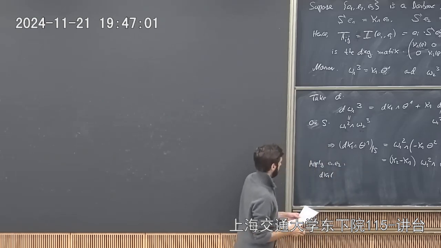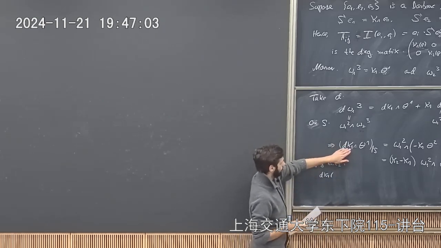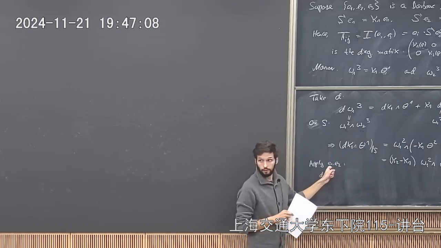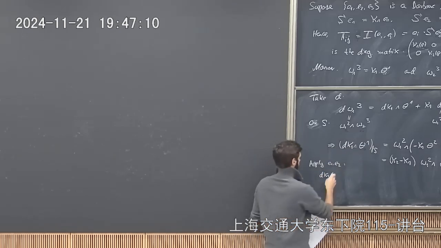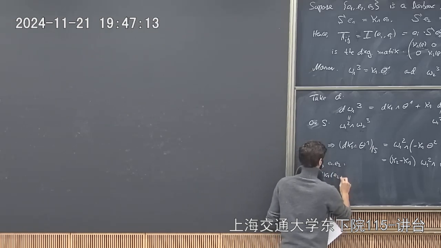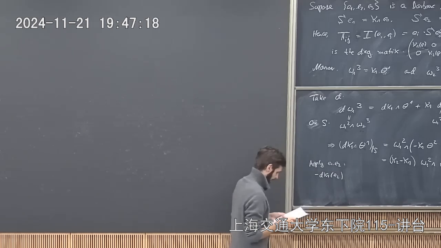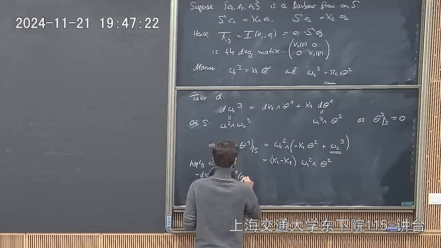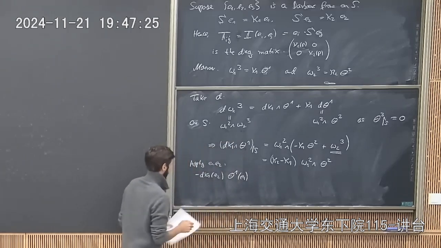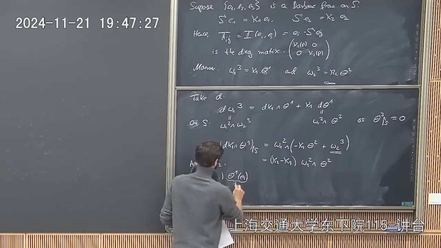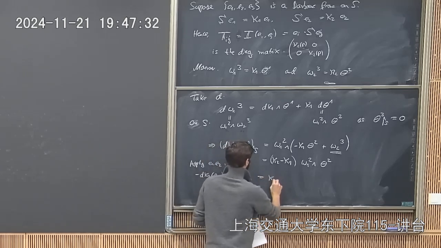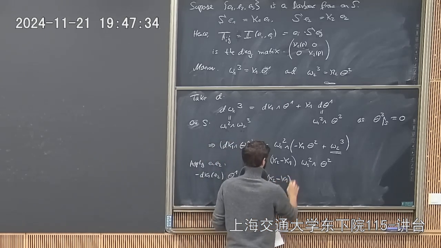so then we have two terms. One is where theta 1 has to eat E1, otherwise it gets 0. So what we end up with is that we have E2 applied, and then we get a minus sign times theta 1 E1, which is 1. And here on the other side, we have kappa 2 minus kappa 1.